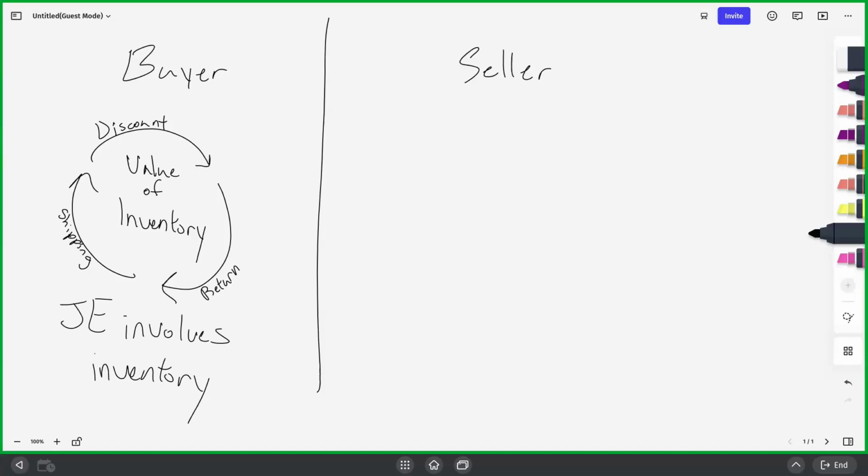As the seller, on the other hand, the biggest thing that we focus on is keeping our sales pure. The difference between the buyer and the seller is that instead of involving inventory and dragging it around for a ride, we have sales in this pretty nice glass box and we just give it toys around it.